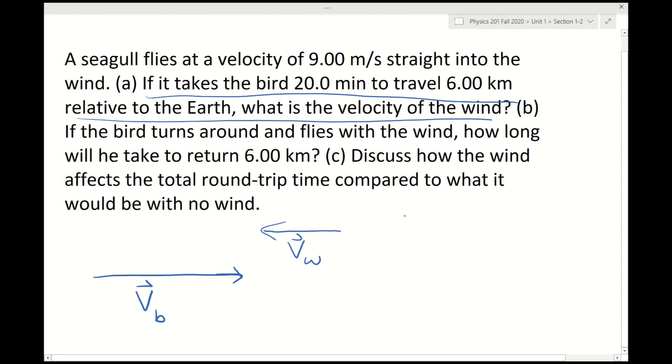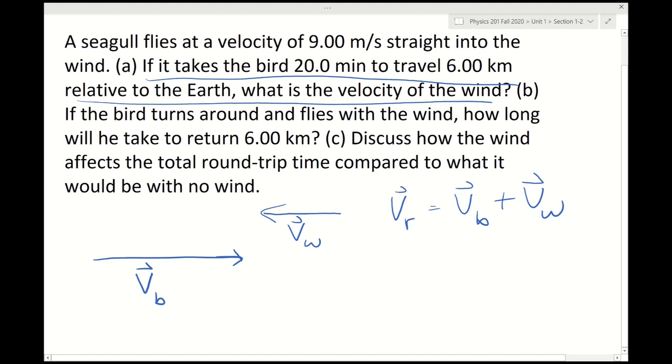Now, the resultant, which I'm going to call VR, in a one-dimensional case is simply going to be VB plus VW. In two dimensions you can't get by quite this easily, but in one dimension it's simply adding them. Now, if we're talking about the resultant, or VR, we know that overall the bird travels 6 kilometers in 20 minutes.